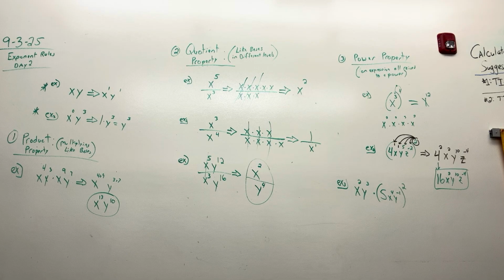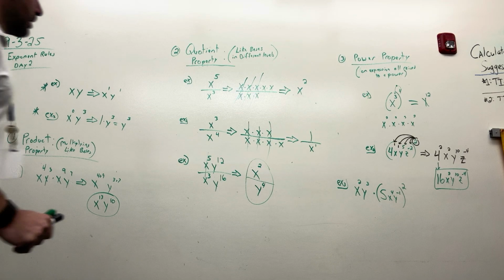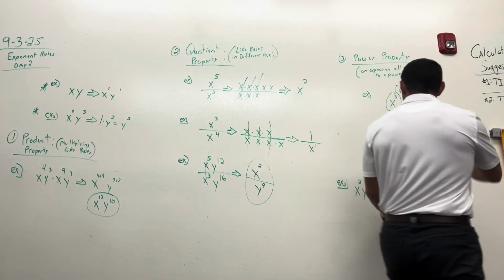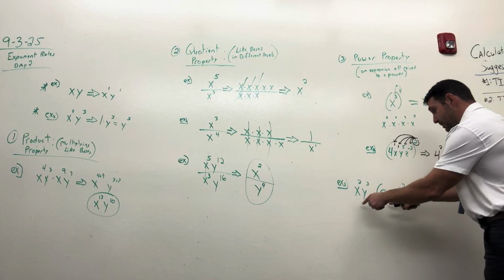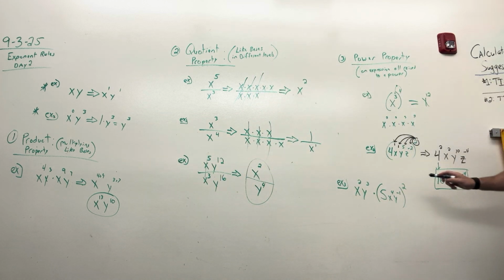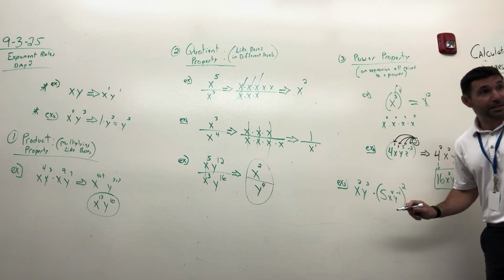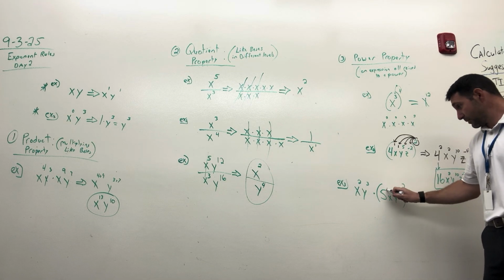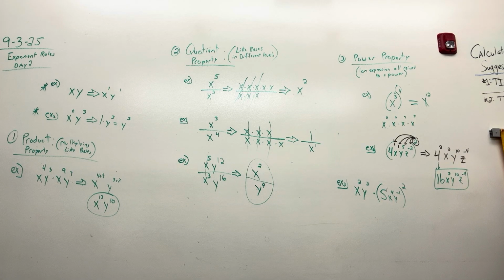So there are two properties at work here. There is the power property, and then there is going to be the product property. We need to do parentheses first. So everything needs an exponent, including the 5. Okay?